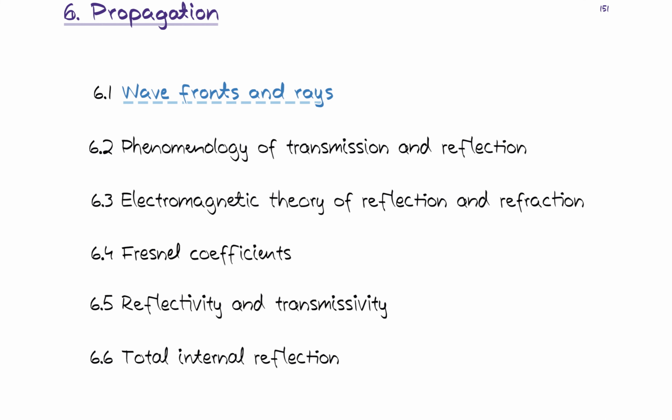Then in 6.4, that would be the follow-up from 6.3, and there I will be introducing to you the Fresnel coefficients. Essentially Fresnel coefficients are the numbers that tell us quantitatively how much light is being reflected or refracted at an interface. And those will be derived for two main polarization components.